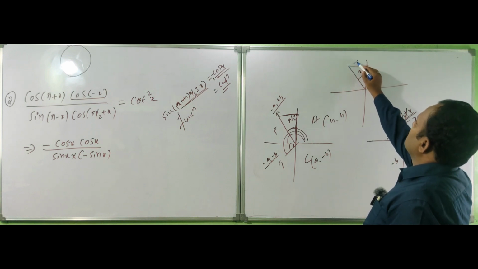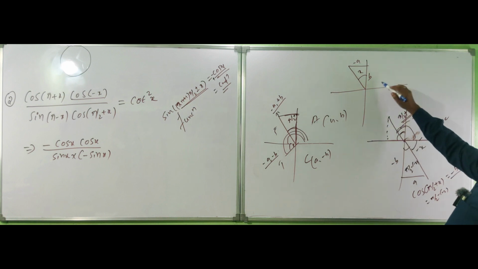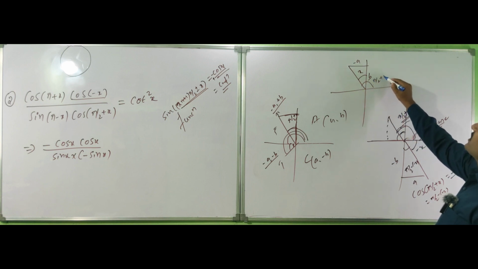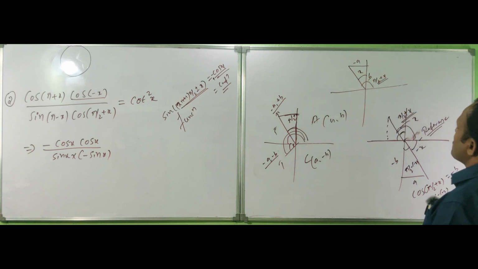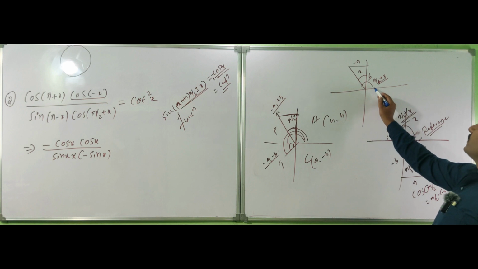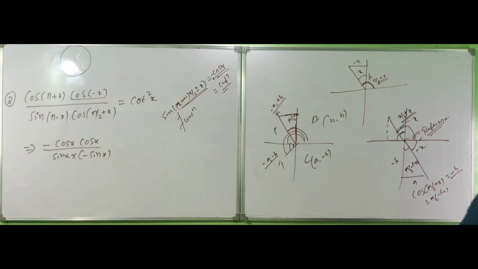This is minus A, this is B. Cos x becomes... how will you take the pi by 2 here, pi by 2 plus x? Is it possible? If I take pi by 2 from here to here, then how is it possible to define the arc?